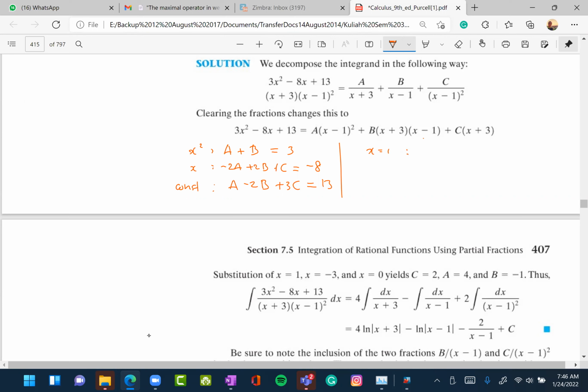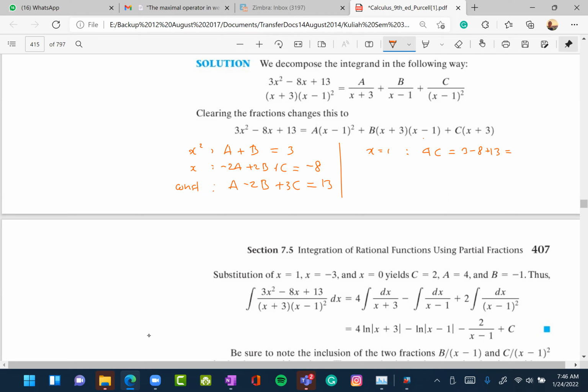So you get only here 1. So for c, just plug in x equals 1. You get 3, minus 8 plus 13.